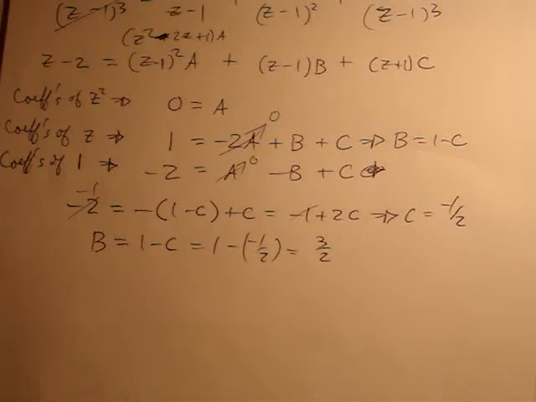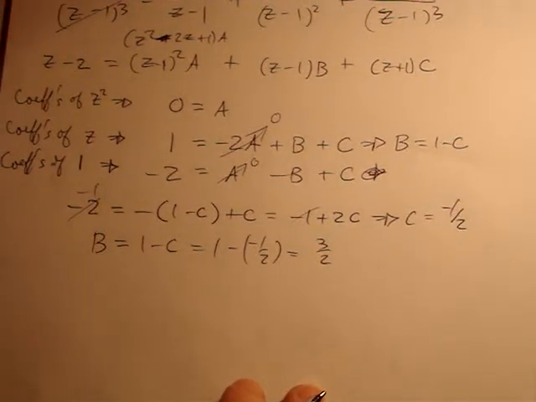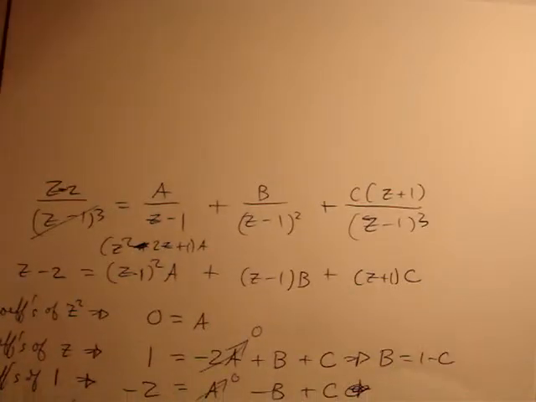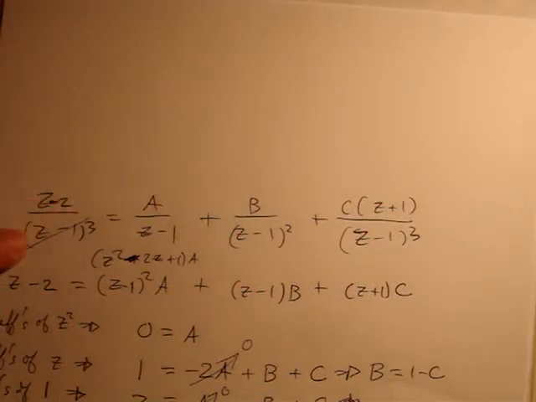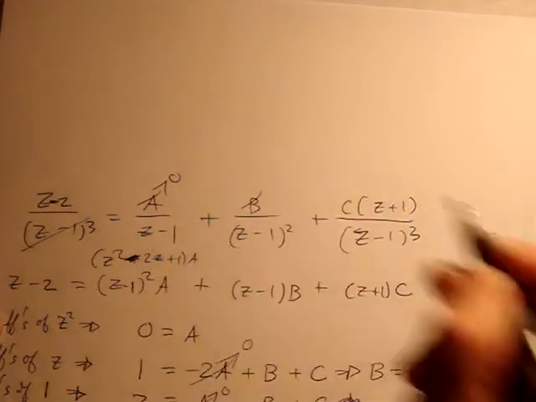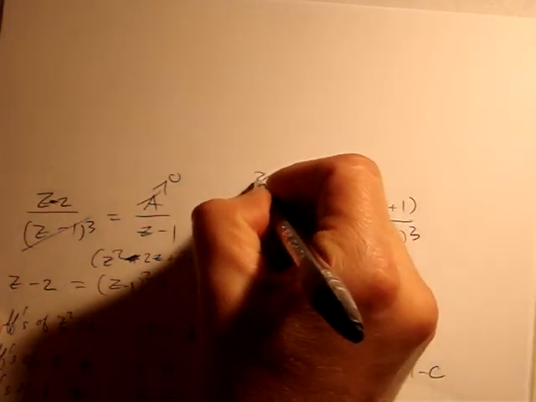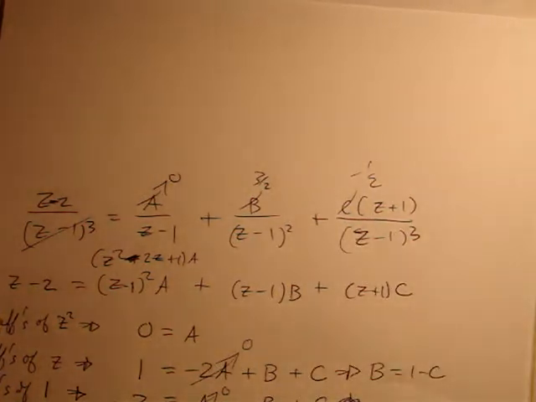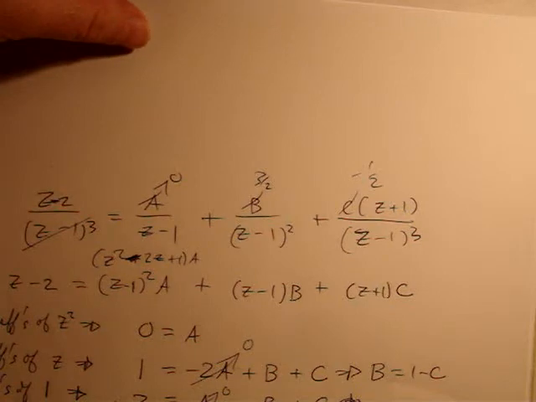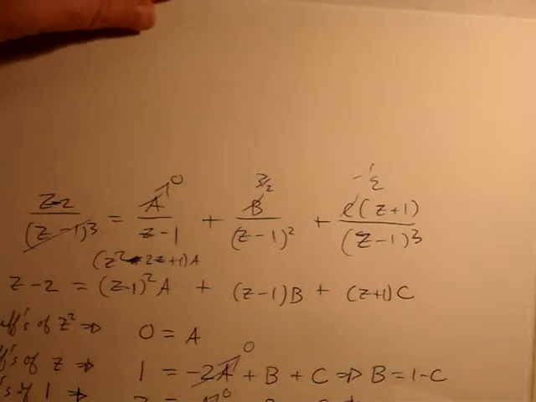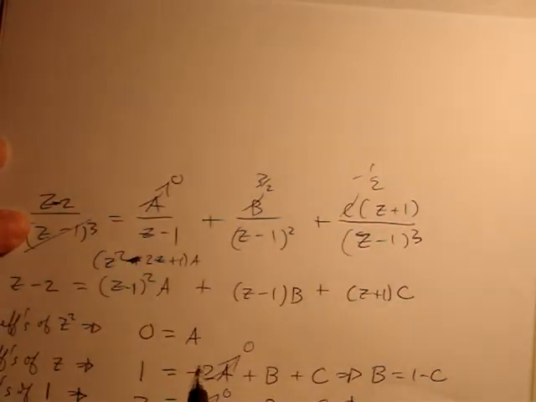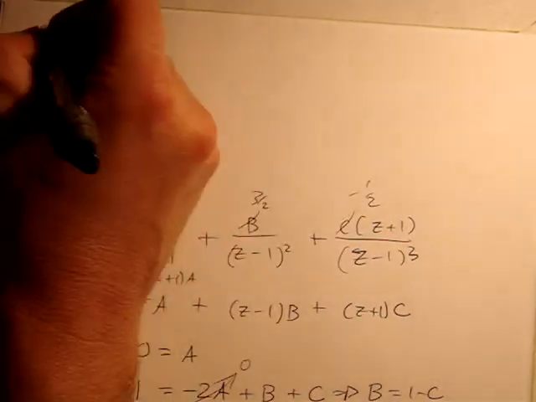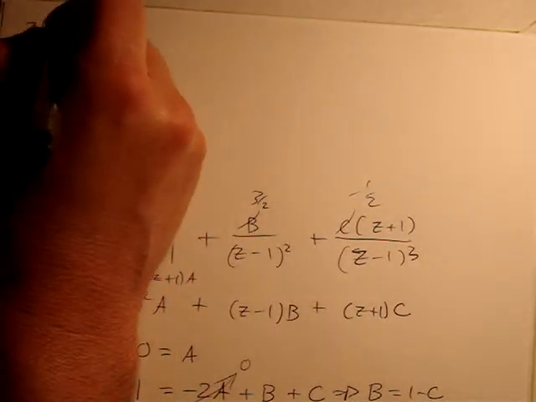Alright, so we can go back to our equation then. Z minus 2 over Z minus 1 cubed. The A term went to 0, B we just said was 3/2, and C is negative 1/2. So we can go back and get our transform. Let's go ahead and multiply through by our Z now.